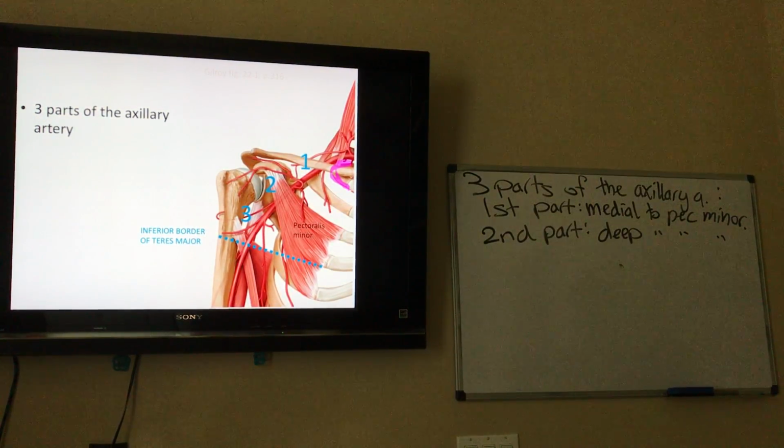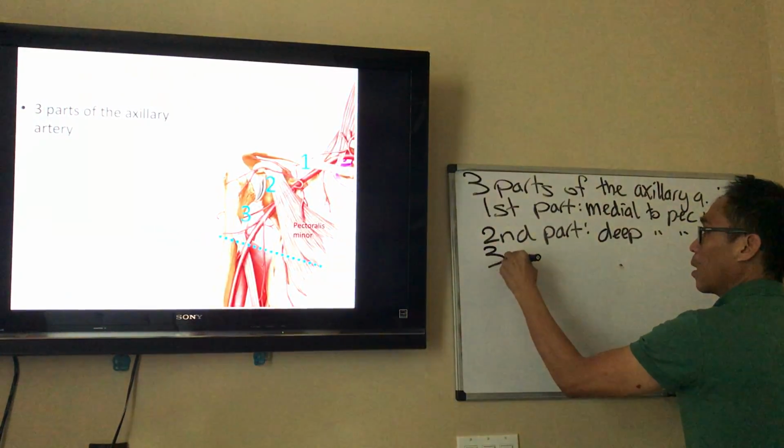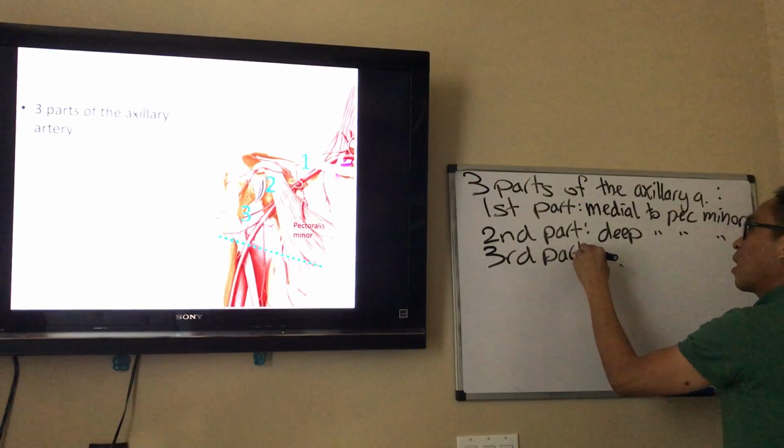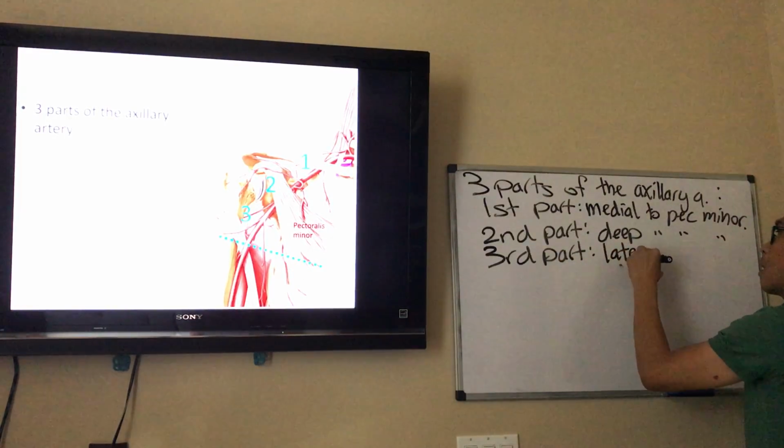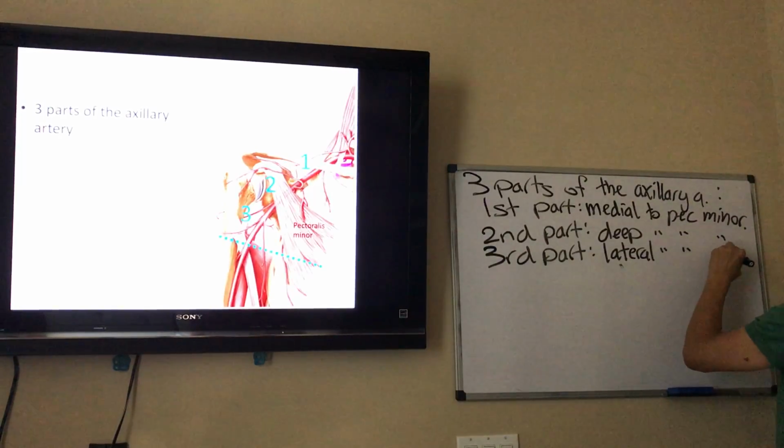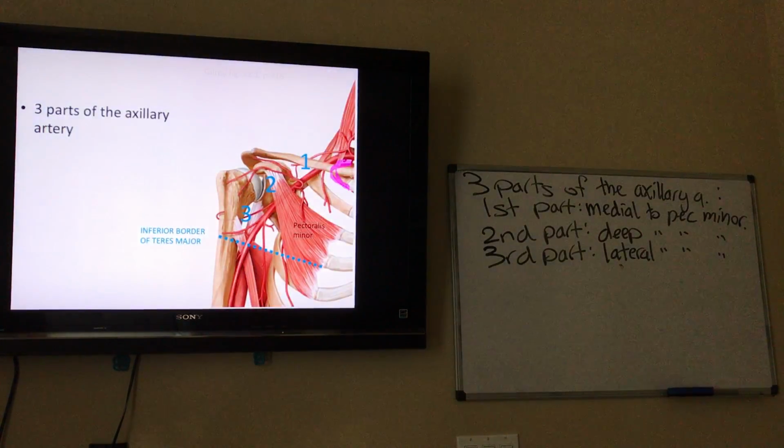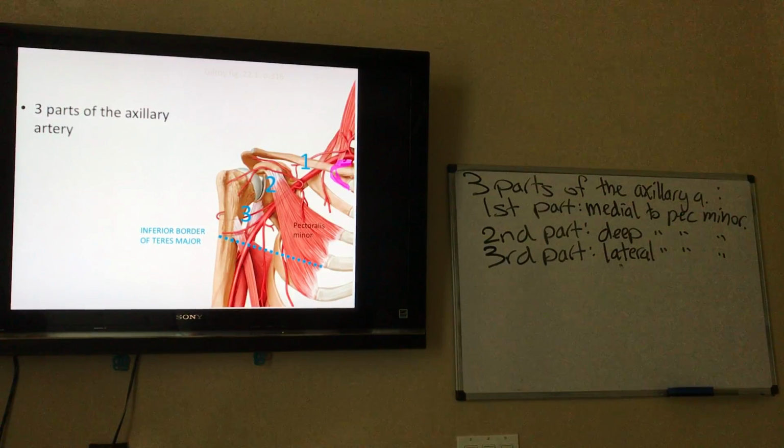The third part, lateral to pec minor. Okay.